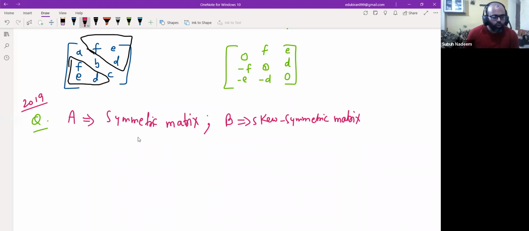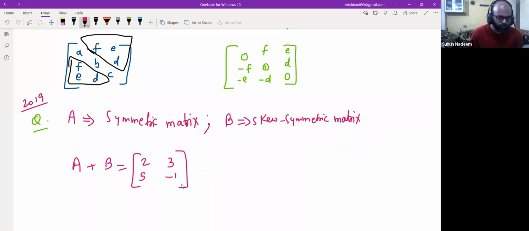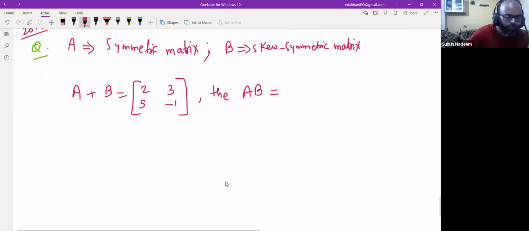So A is a symmetric matrix and B is a skew symmetric matrix, and it has been said that A plus B is equal to the matrix 2, 3, 5, minus 1. Then AB, that is A multiplied with B, is equal to what? Options are given. I'm giving you the options.